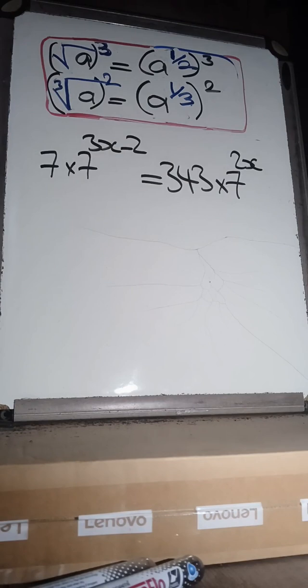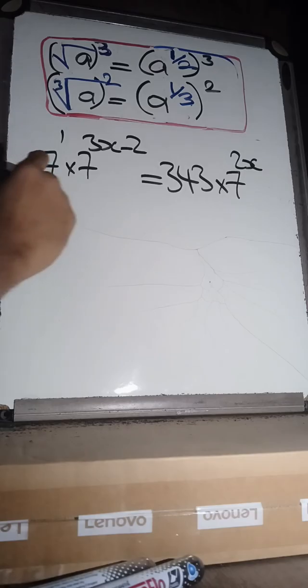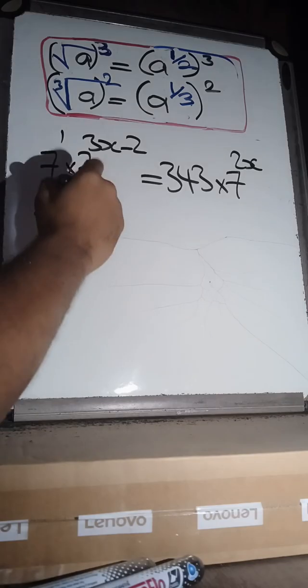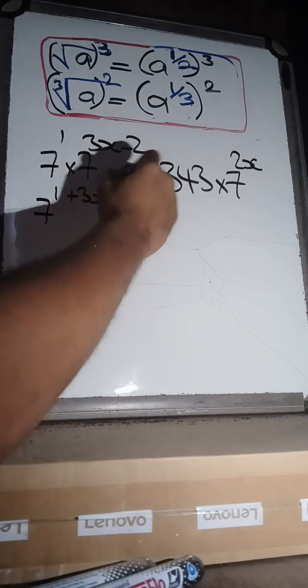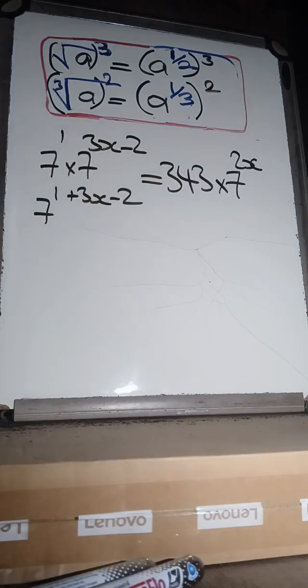Alright. So that's already 7 raised to the 1. If you add 1 plus 3x minus 2, you're going to have what? 3x minus 1. So what is happening here is 1 minus 2 is minus 1.